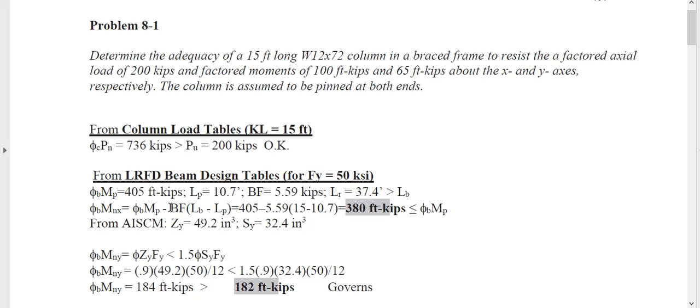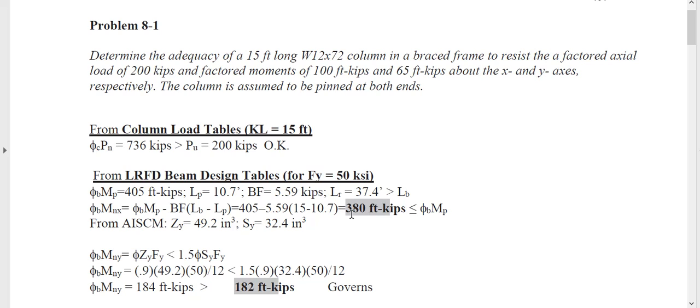There is a Cb, they assumed Cb is 1, but there should be a phi here. Maybe in the AISC manual the combined value is 5.59, phi BF is 5.59. Maybe they made a mistake here. Whatever you find, this is phi Mpx, 405, minus phi BF times (Lb minus Lp). So they found 380. 380 is our design moment capacity about the x-axis.